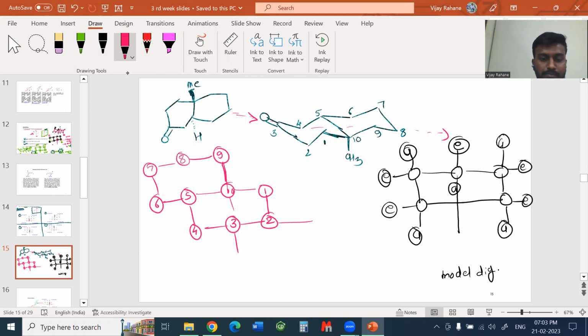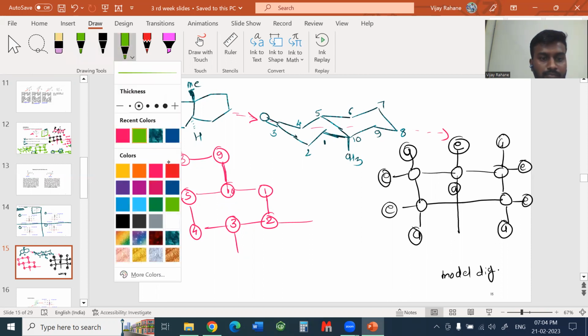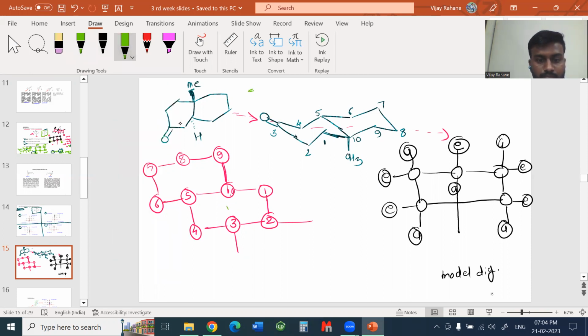Where the methyl is attached to carbon number 10, it acts on the axial position. So methyl will be here. Draw this one with a different color so that you can easily identify. Right, methyl is on the axial side.